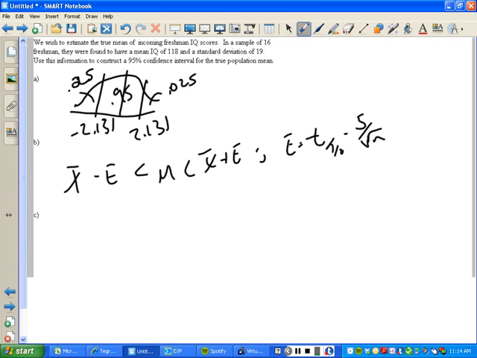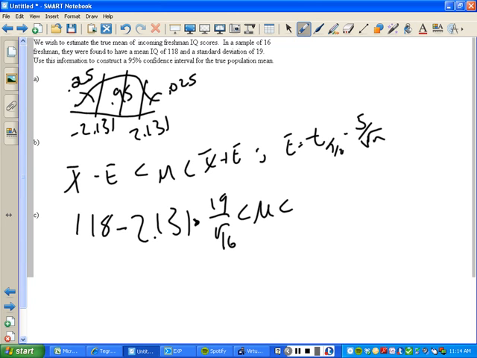Now, we got 118 minus 2.131 times 19 over the square root of 16, plus 2.131.